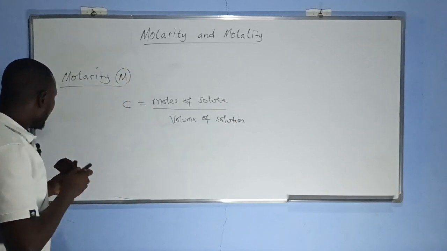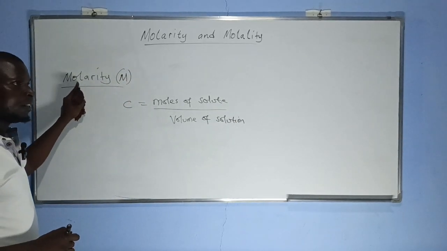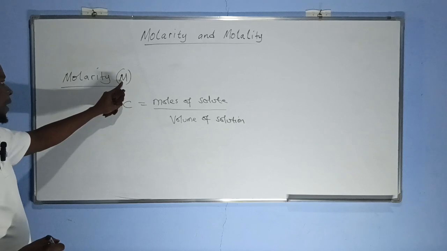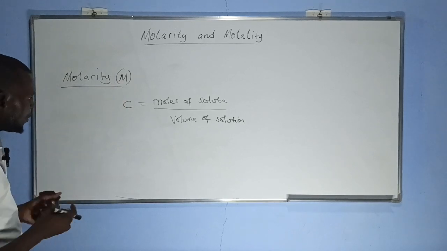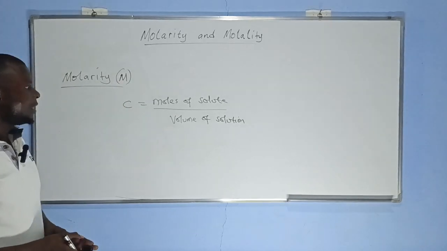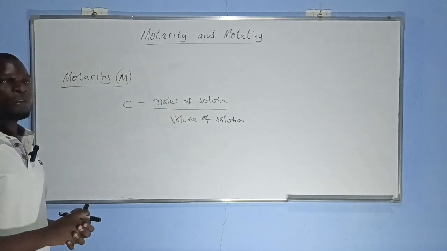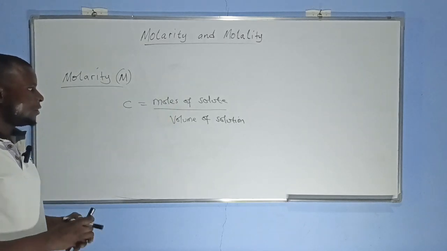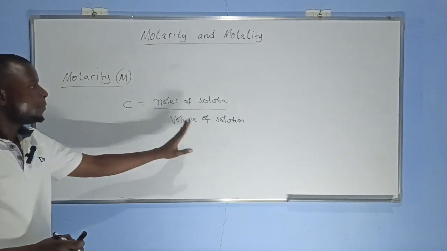The key here is molarity is a form of concentration. It's represented by capital letter M, and this form of concentration is calculated by finding the moles of solute per liter of solution. The volume of solution here must be in liters.